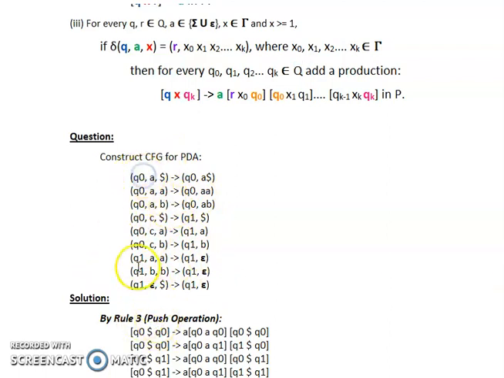One is Q0 and another is Q1. So we are going to have this production for both Q0 and Q1. That means Qk can have two values: either it can be Q0 or it can be Q1. First of all, we are taking it as Q0. So we have put the value of Qk as Q0.